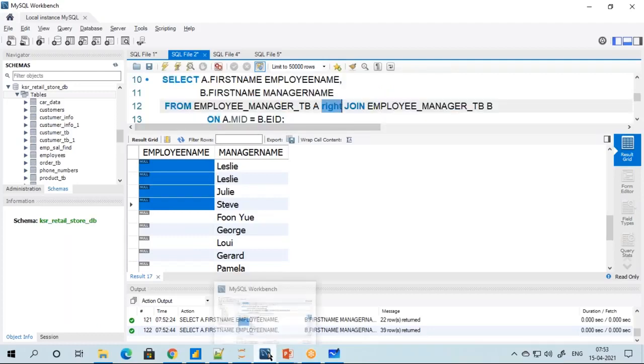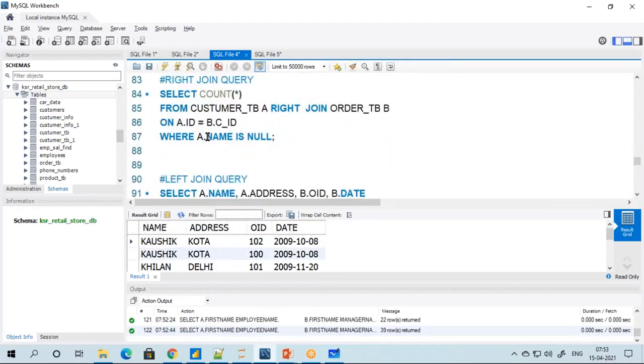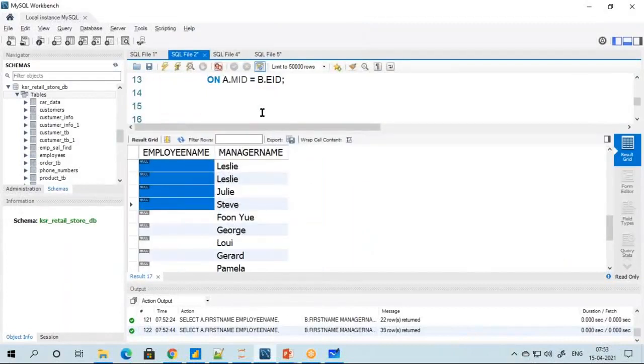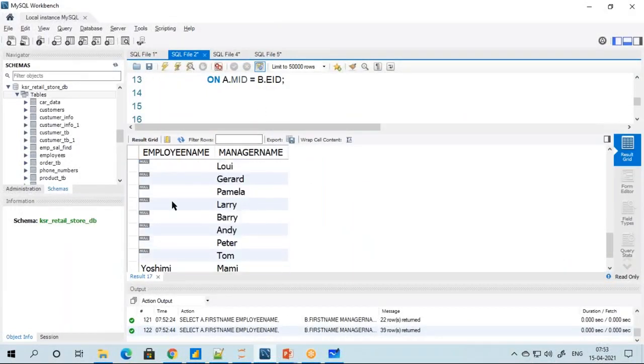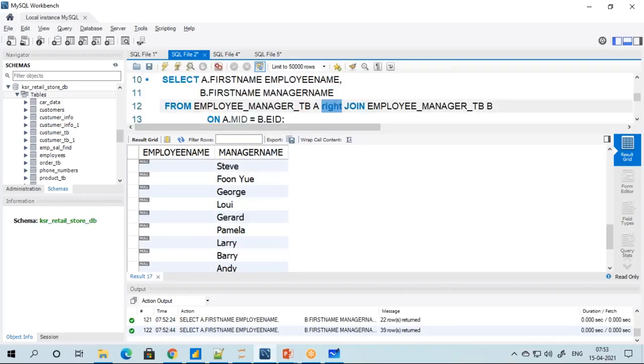Why? Because in the right join, what we have observed is that it will just give me the guest ID, like a guest customer. So right join is not giving me the proper results here. All these are null, which is practically wrong. Then what is the correct join here? It is going to be left join.